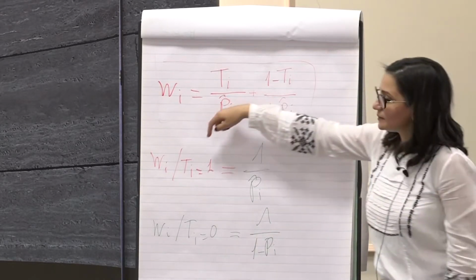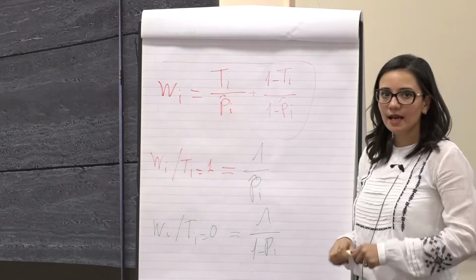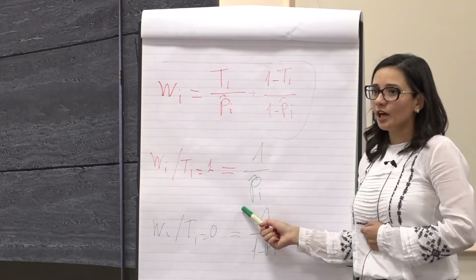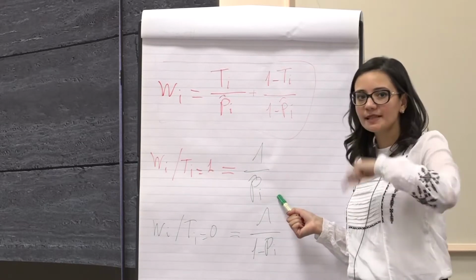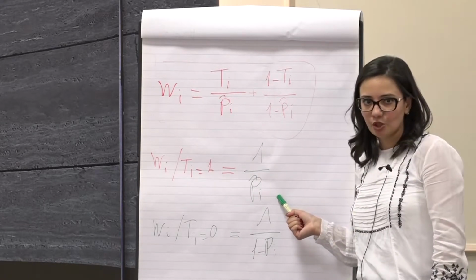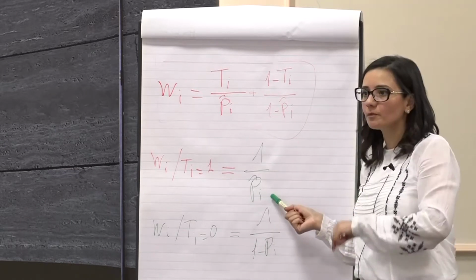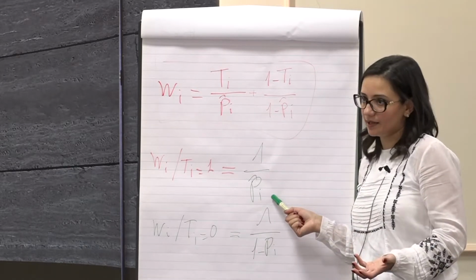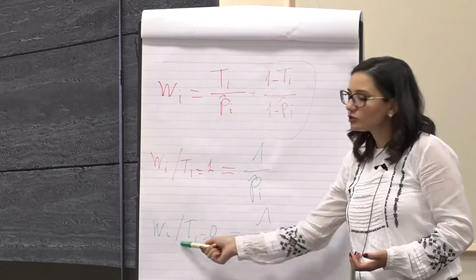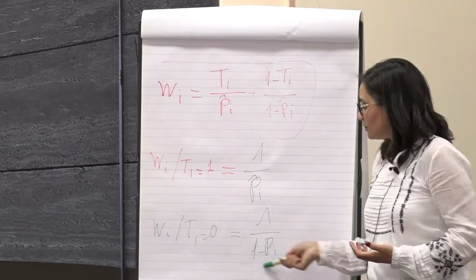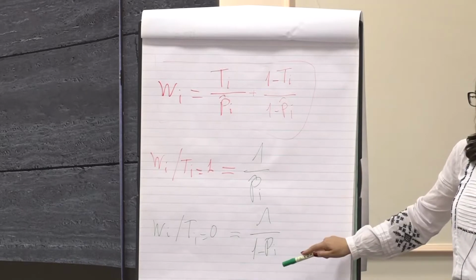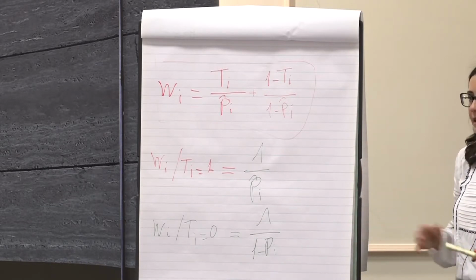So if I am treated, if I am already a member of the Takaful and Karama program, my weight will be the inverse of the probability of being selected in the program. So the higher this probability, the lower will be my weight in the regression. And if I am not a member of this program, if I am not treated, my weight will be equal to 1 over 1 minus the probability of being selected.